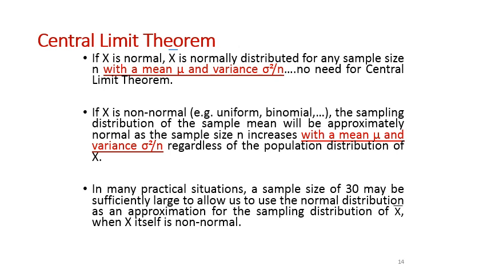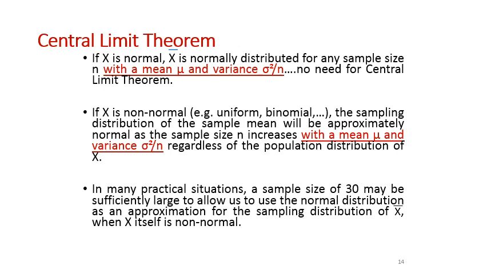So this means if the distribution of X is normal, the distribution of X bar will also be normal for any sample size. And if the distribution of X is not normal, like a uniform, a binomial, or whatever distribution we are talking about, the distribution of X bar will approximately be normal, but in this case the sample size should be large, and according to the central limit theorem, a sample of size at least equal to 30 will be large enough to apply this approximation.